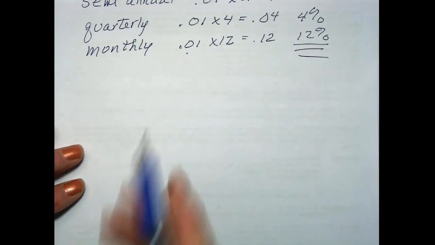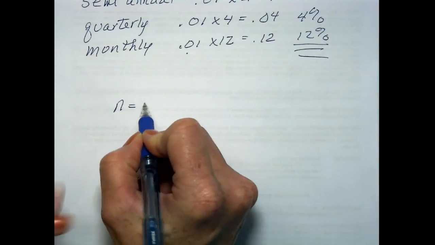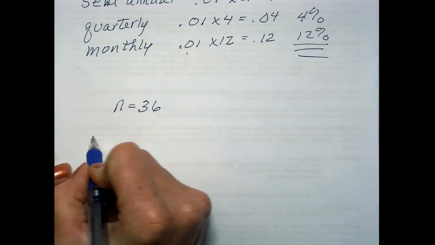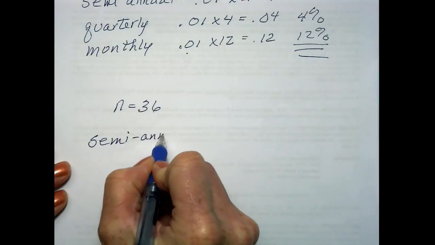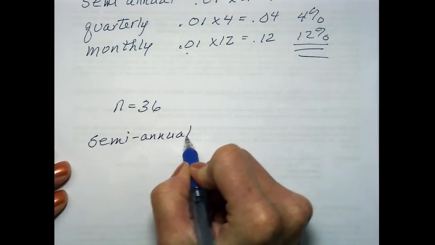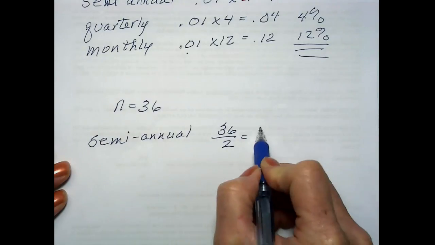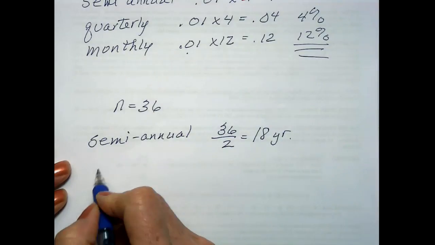Now let's look at n. If I solve for n, and I got it to be 36. If I said it was semi-annual, I would take 36 divided by 2, or 18 years.